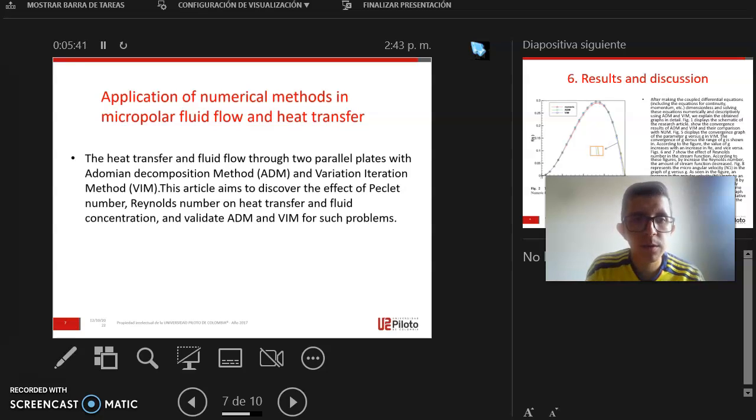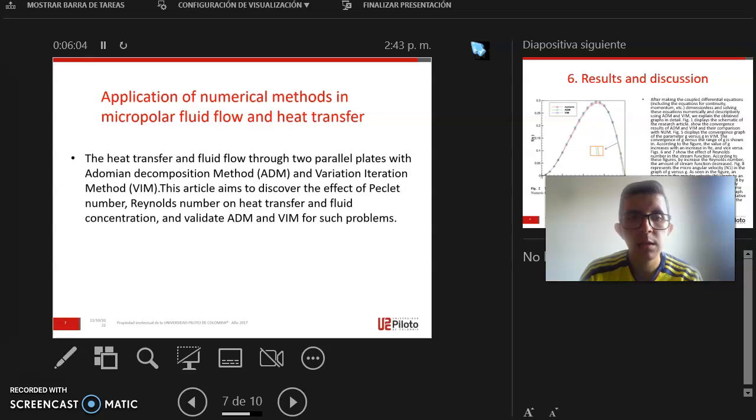The heat transfer and fluid flow through parallel plates are studied with the Adomian decomposition method, ADM, and variational iteration method, BAM.